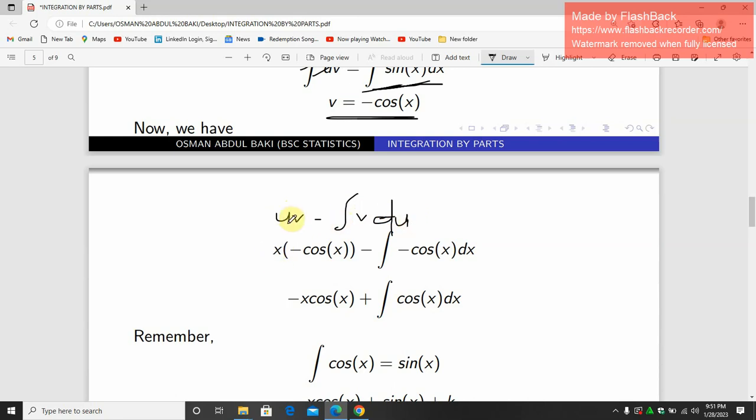So u was equal to x, but v is minus cos x, minus the integral of v, minus cos x, times du, which is equal to dx.